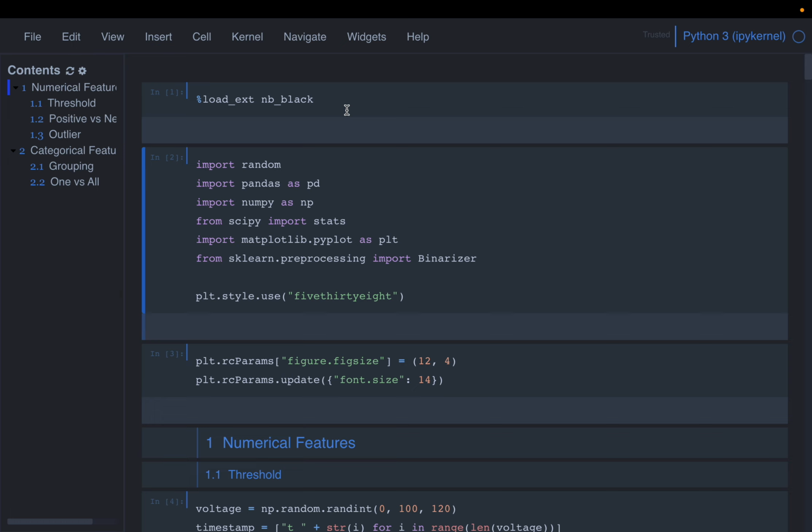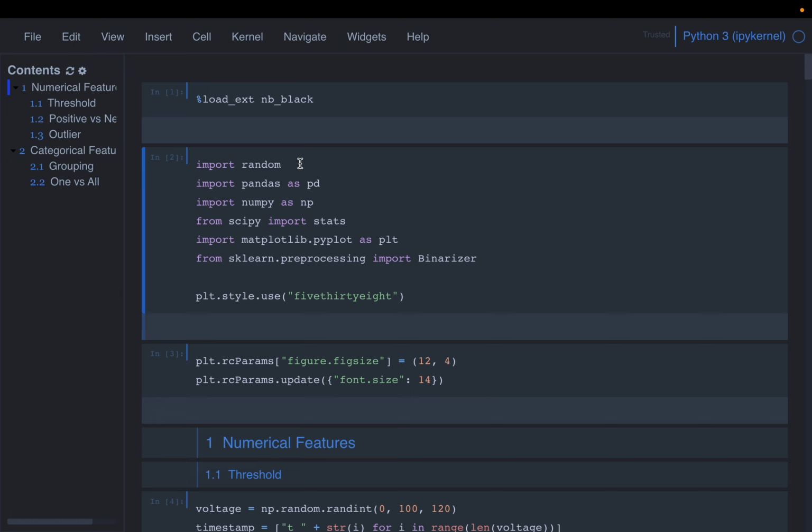Here I'm loading a library called nbblock, which is just for code formatting. It does things like removing the extra spaces, aligning the code, similar sorts of things. And then here we are loading a bunch of libraries. Let's go over them.